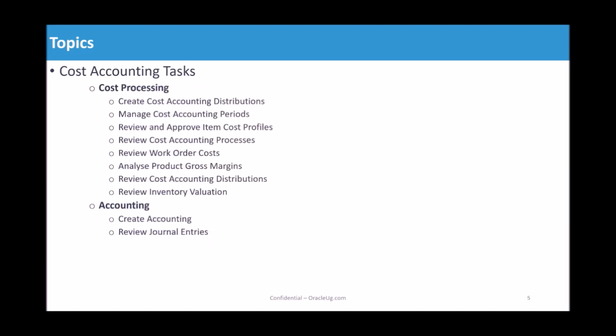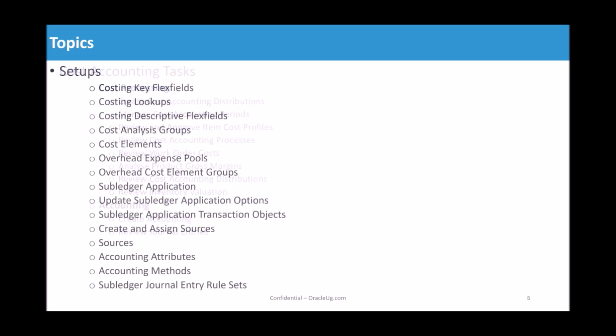And finally, after completing all the cost accounting tasks and the end-to-end scenario, we'll go through the basic setups that are required as part of the cost accounting module. This is not required if you're not working in an IT role, because these setups will be done only once when you do the implementation of the project, or whenever there is a new upgrade or some changes are required.